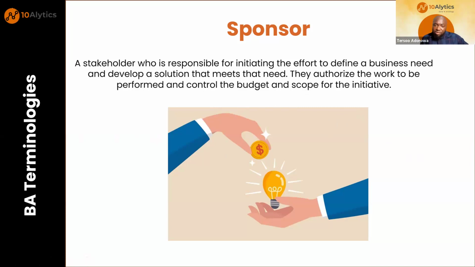By authorizing, it means that they have authority to give us money to spend on the budget, you understand, to basically fund the idea that we have for us to deliver that project. Like in our finance department example that we started with, that would be the head of finance or the chief finance officer. That will be our sponsor, right? So he has the authority and he also has the money to give us to do our project.